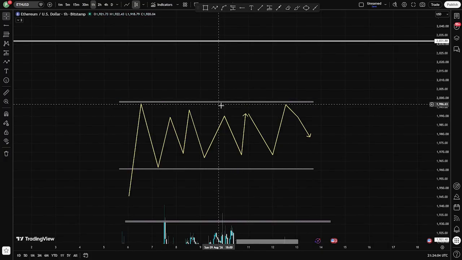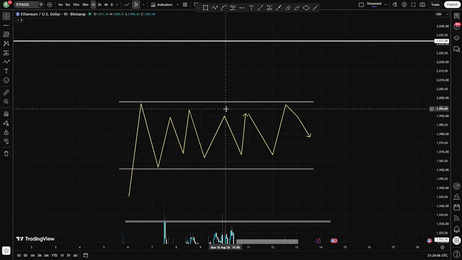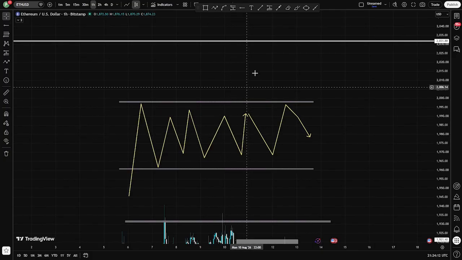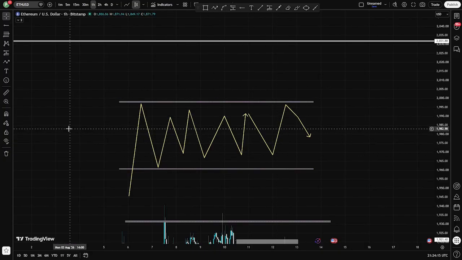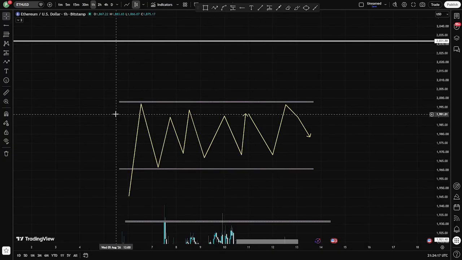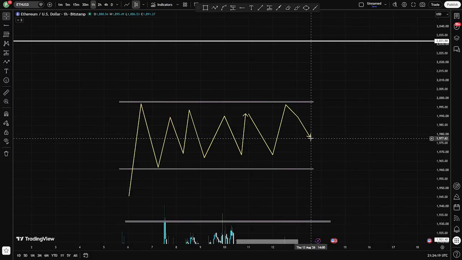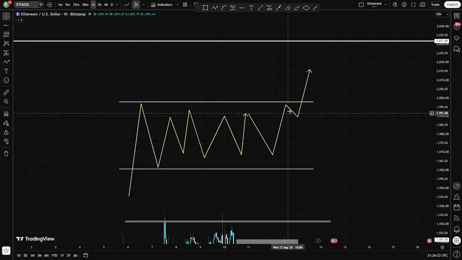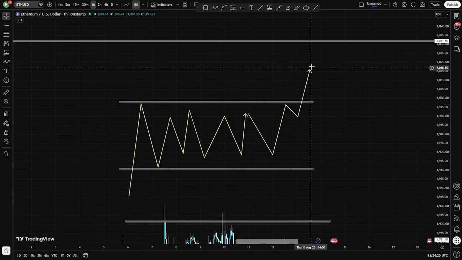So maybe people try to sell from here, or people try to buy from here and then price sells, and then people try to sell in the middle and then price will buy, and it should be all over the place in the middle here. So price is just gathering a lot of liquidity. So the moment it decides to give a higher low and break above, I'm thinking that it has all the liquidity it needs to make a move.